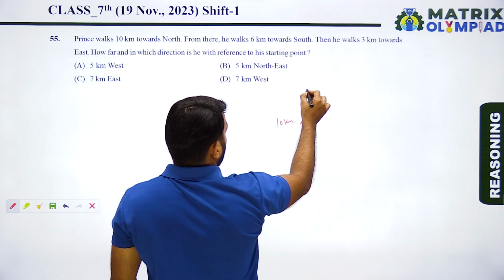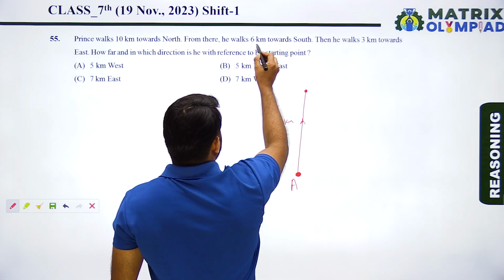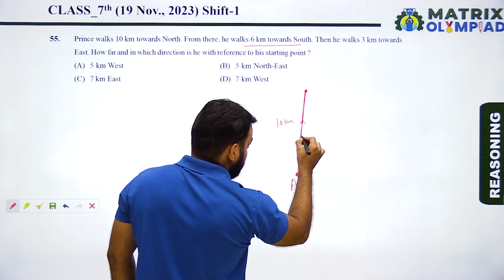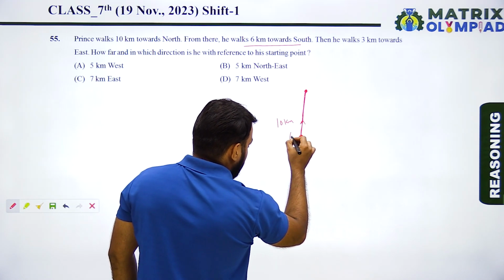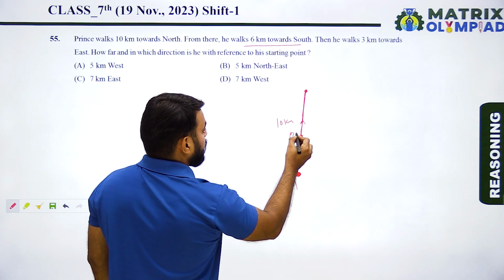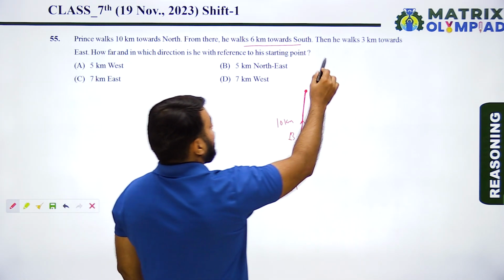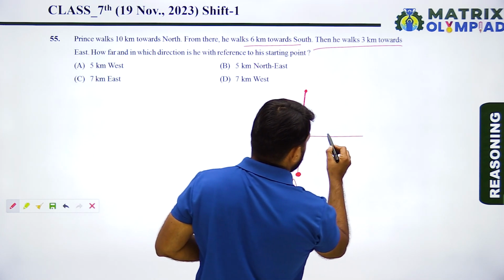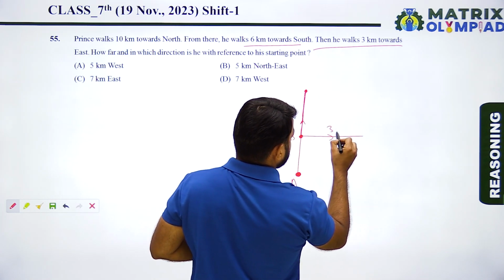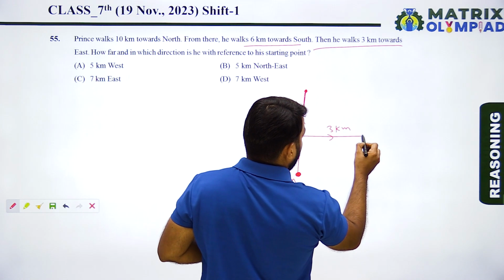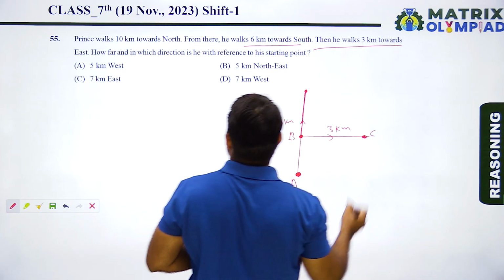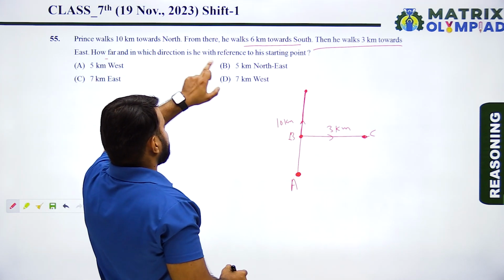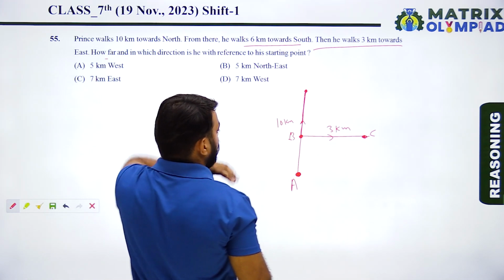From there, he walks 6 km towards south and reaches point B. Then he walks 3 km towards east and reaches point C. How far and in which direction is he with reference to his starting point?